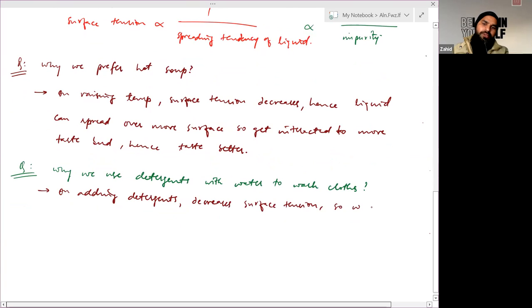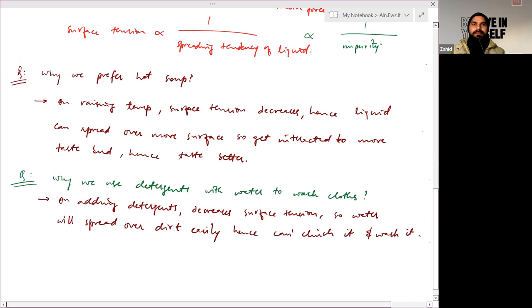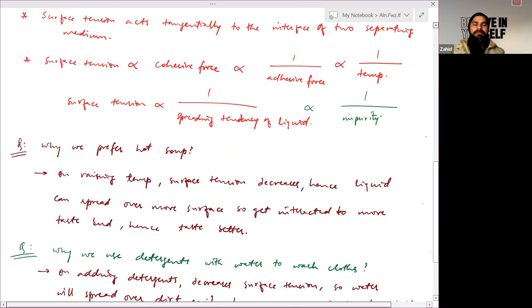So water will spread over dirt easily, hence can cleanse it and wash it easily. Just write it down till this part. Okay, sir.